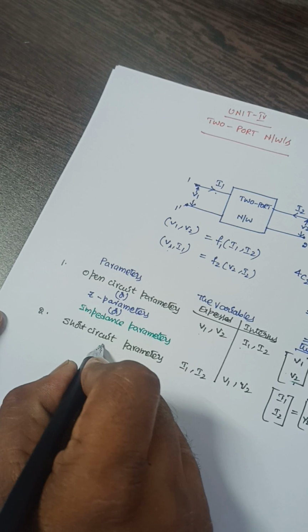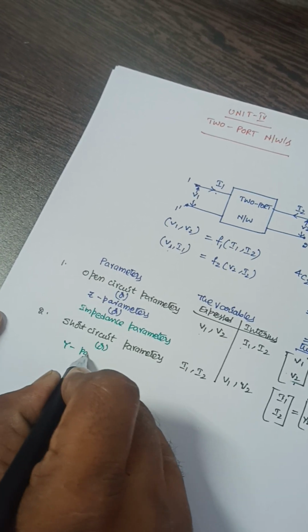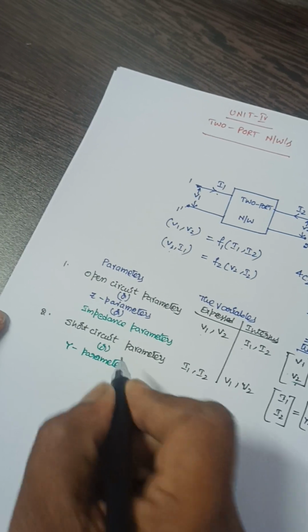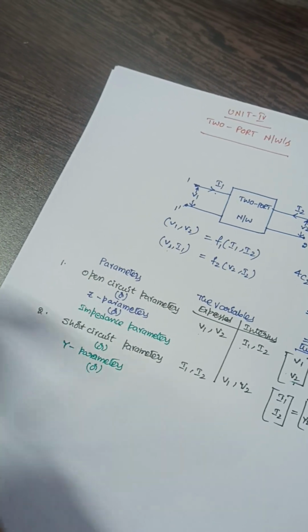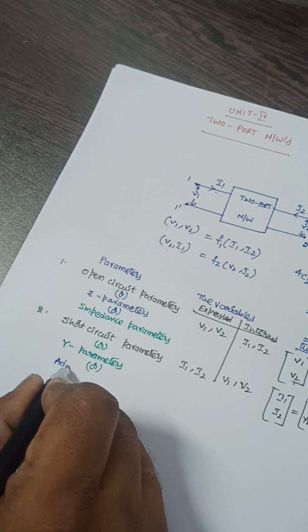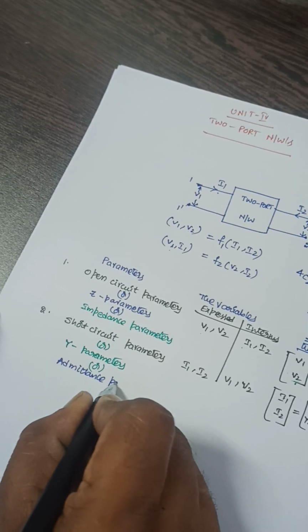Here also, the short circuit parameters can be called Y parameters, or admittance parameters.